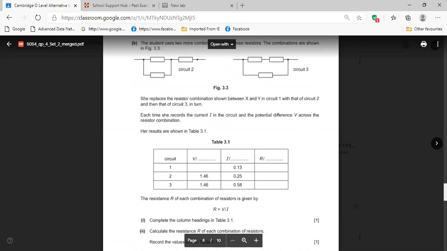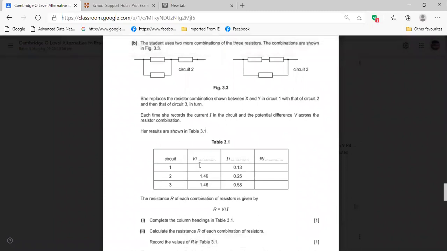These three circuits we have, and because of these three circuits we have voltmeter reading and current reading. For the voltmeter, you have to write 1.48, right? Are you seeing? Yes. In the space here you should write 1.48, the value you got there.